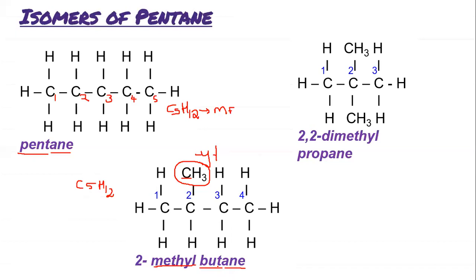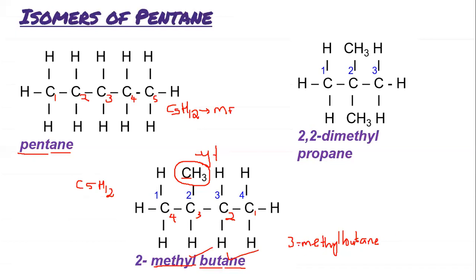2-methylbutane altogether. Now, what if you numbered 1, 2, 3, 4 from the other side? Then you would have found that it gives you 3-methylbutane. This one is the only one that is correct.